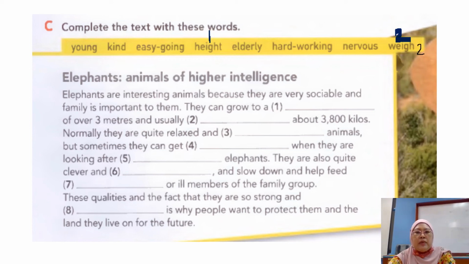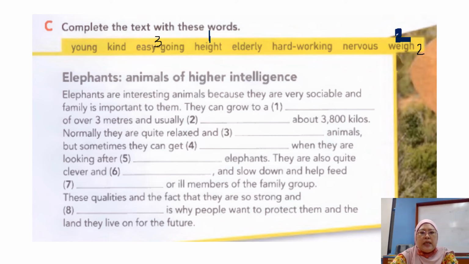Number 3, normally they are quite relaxed and what kind of animals? Look for something positive. Relaxed and are they hardworking or are they easygoing? So this one, easygoing animals.